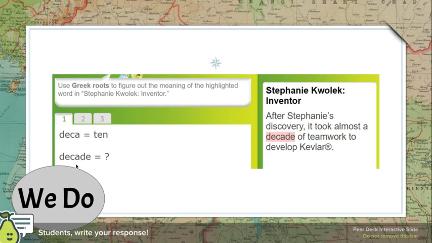So, what do you think the word decade means? Write your response on your paper. If deca means 10, decade means what? Pause your screen or video now so you have time to write down what you think decade means. Then turn it back on when you're ready to check to see if you're right.